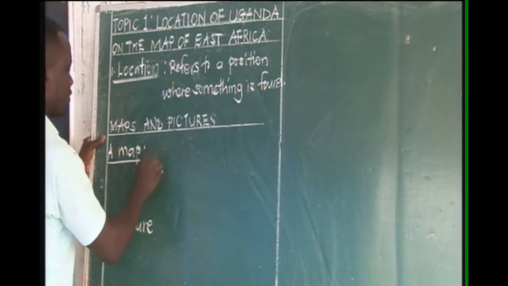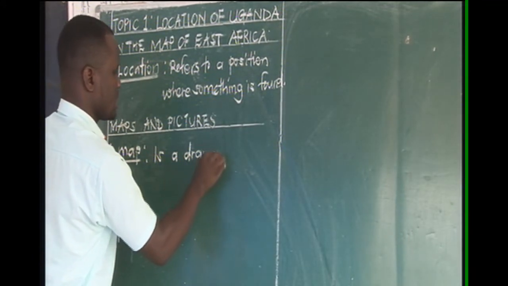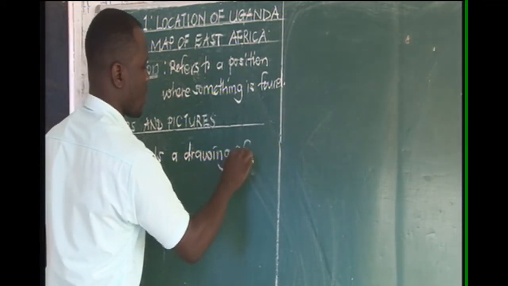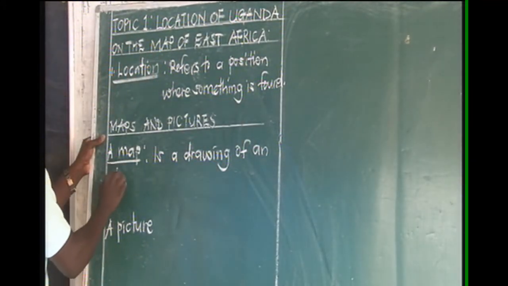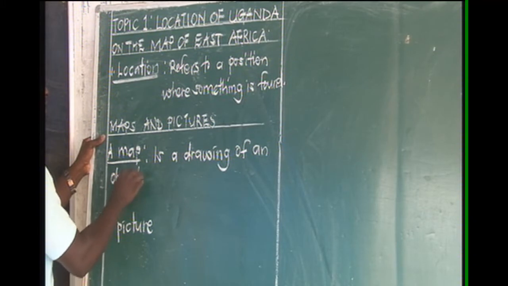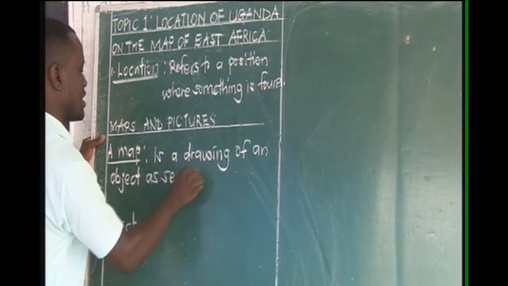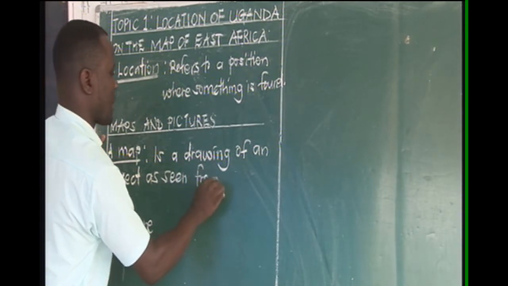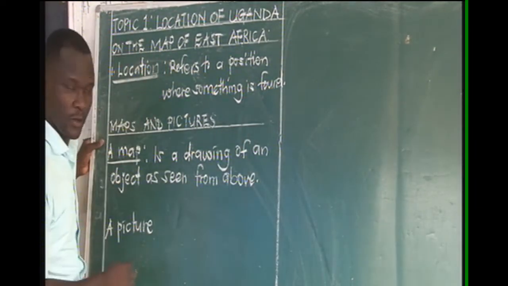A drawing of an object as seen from where?